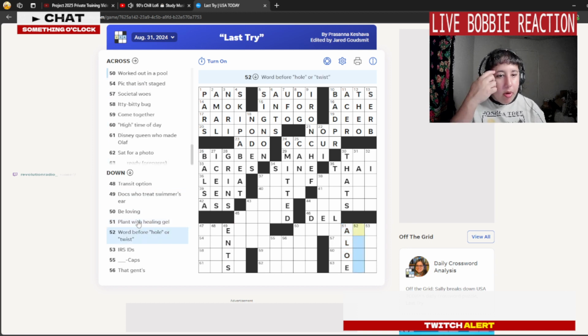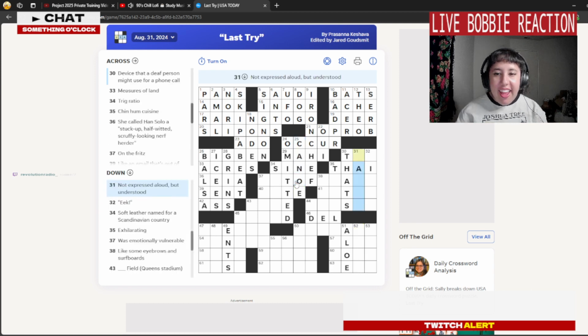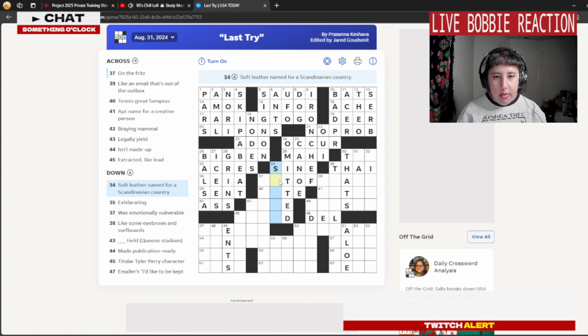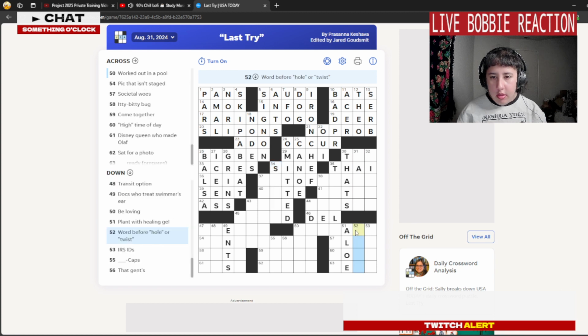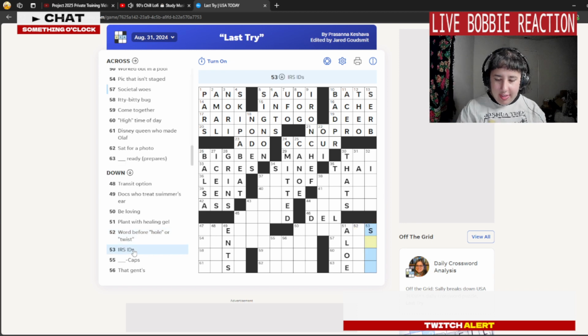Just bip and bop around until I figure it out. Word before hole or twist. Oh, canoe? Yes? Yeah! Yay! Thank you. Word before hole or twist. That's salacious. USA Today.